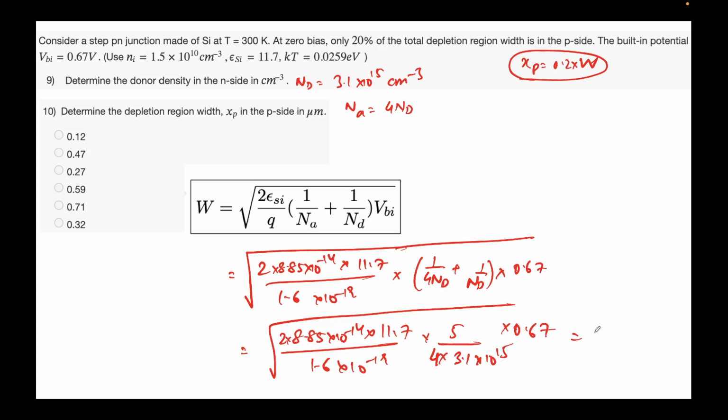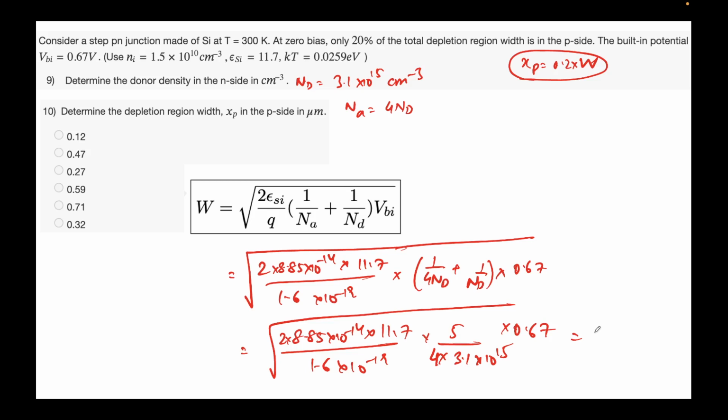So again, when we solve this whole thing, this is coming out to be 2 times 8.85 times 11.7 by 1.6 times 5 by 4 by 3.1 into 0.67, and then that's minus 14, and then that will turn out to be 10 to the power 10.